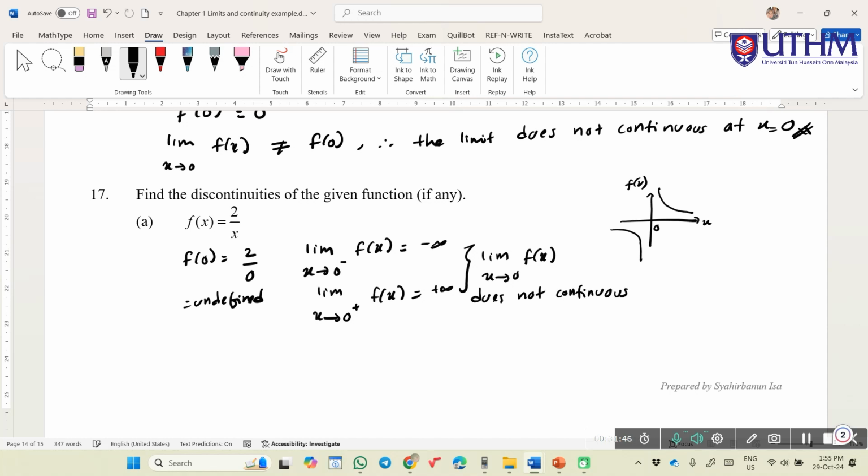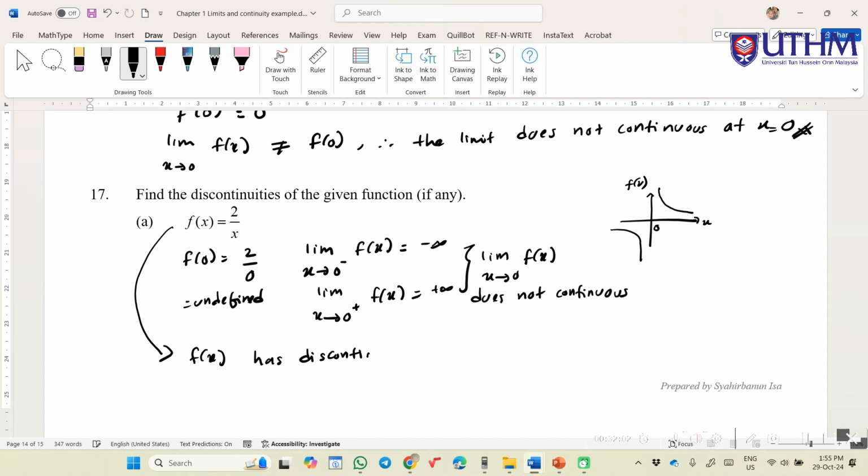Okay, this is the explanation, but how to answer this? We want the discontinuity. Okay, f(x) has a discontinuity at x equals 0. For the other points, I don't think there is any problem.